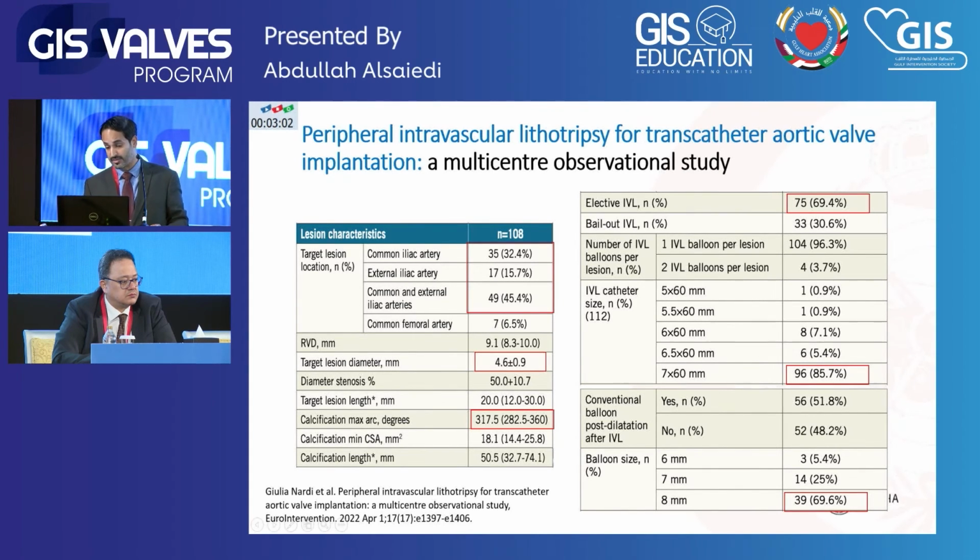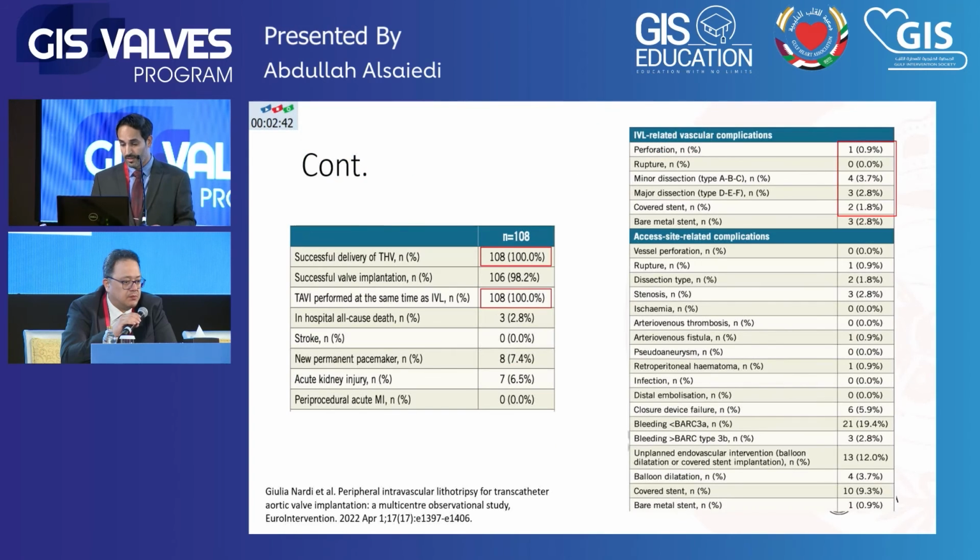Elective IVL was done upfront in around 70% of patients, while 30% had it as a bailout. The most common size was around 7 millimeter, and around 50% of them had conventional post-dilatation with a balloon, mostly around 8 millimeter.